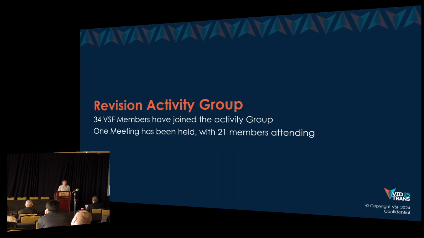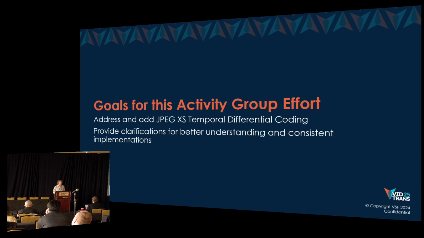There's 34 VSF members that have joined the activity group. We've had one meeting. There was 21 members attending that meeting. So this does seem to have some significant attention. The goals for the activity group pretty much have been sorted into two categories.